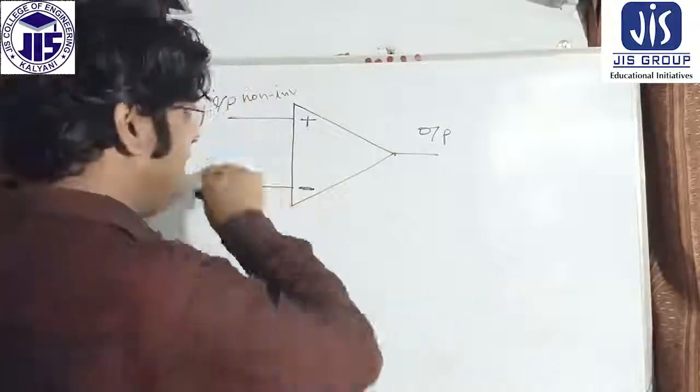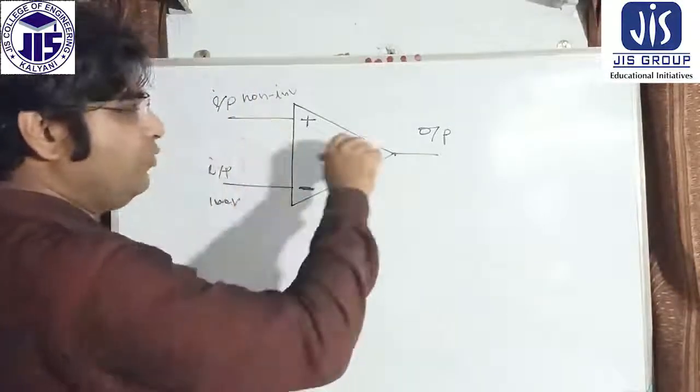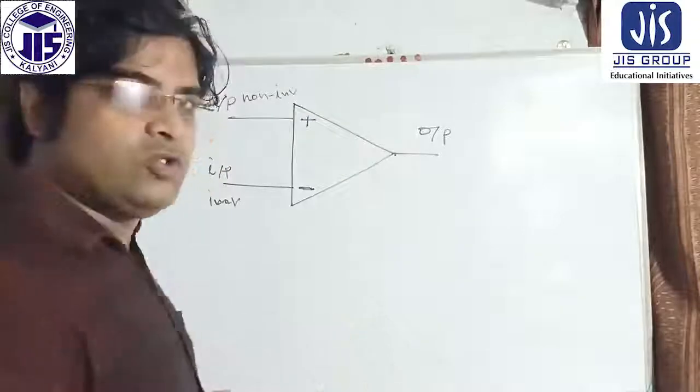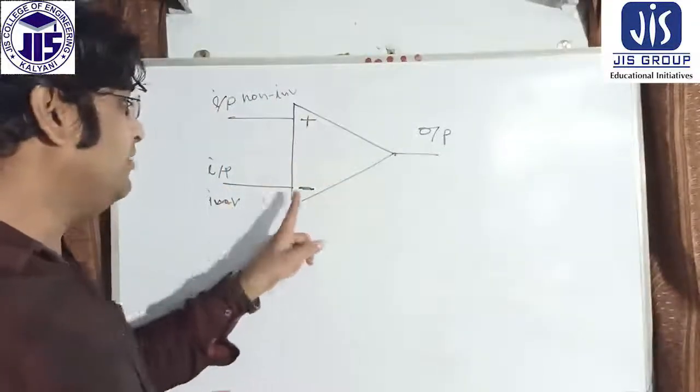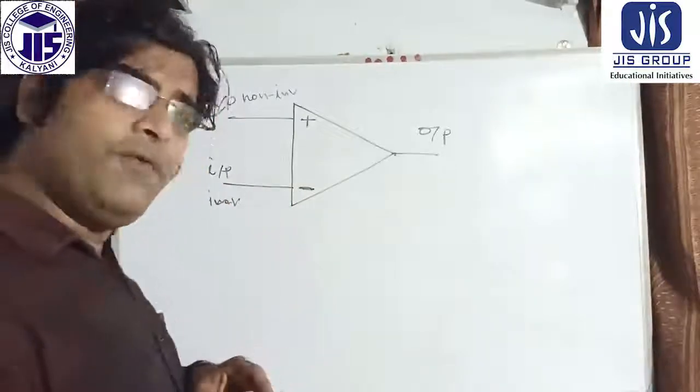This is the diagram, and it works from the input side to the output side. There are two inputs: the non-inverting input, the plus, and the inverting input, the minus. So all of you know about these things.